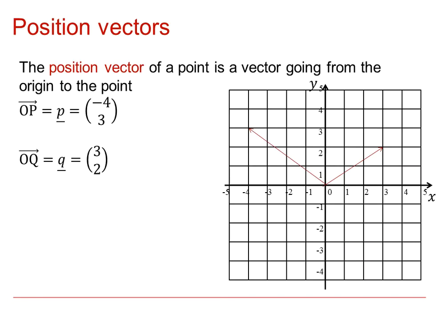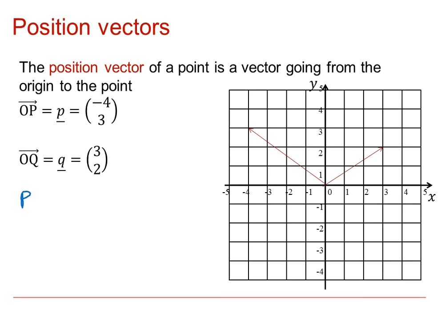You will have come across vectors being used to give position vectors of a point before. The position vector of a point is a vector going from the origin to the point. In this diagram here, OP, the vector P, is (-4, 3). And OQ, or the vector Q, is (3, 2).